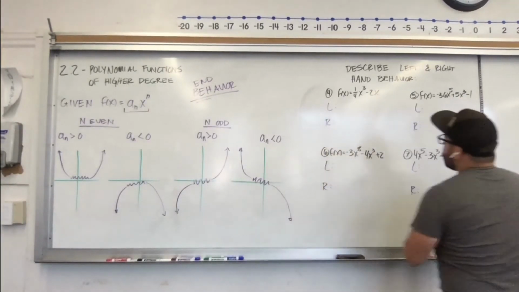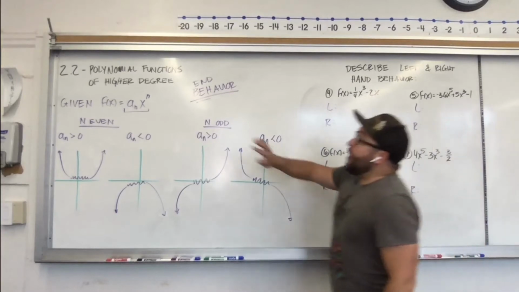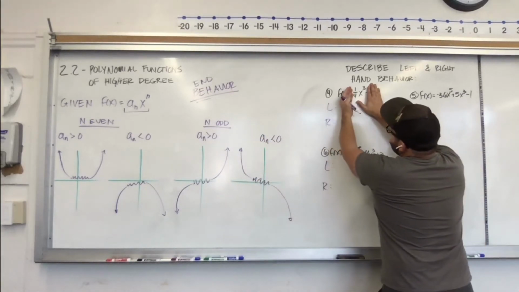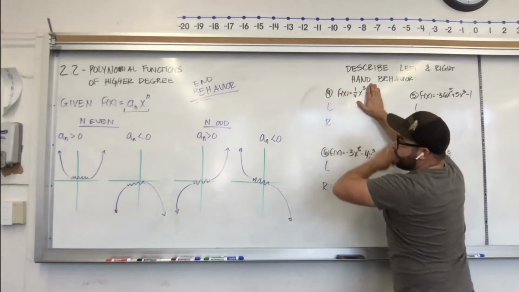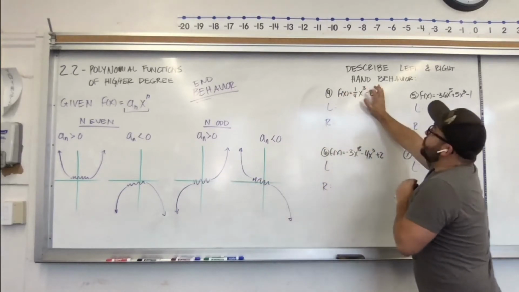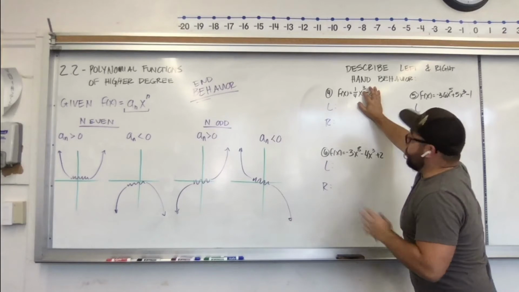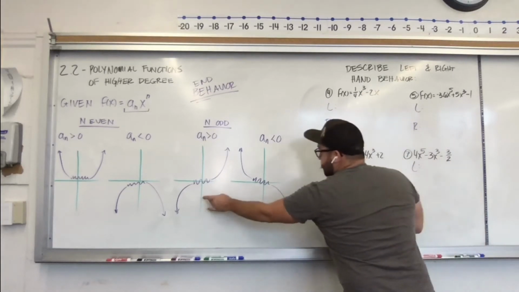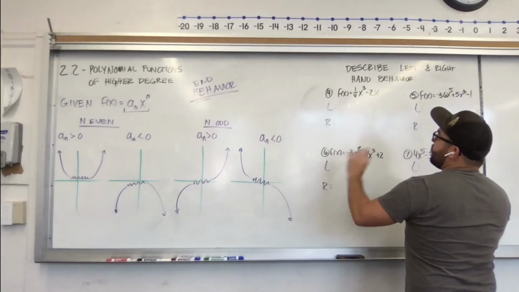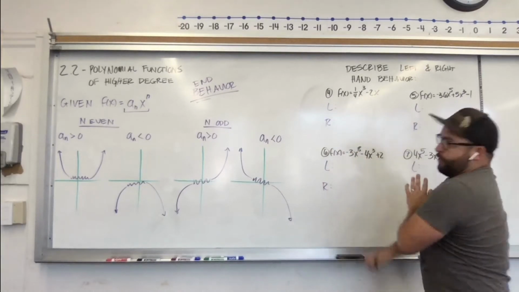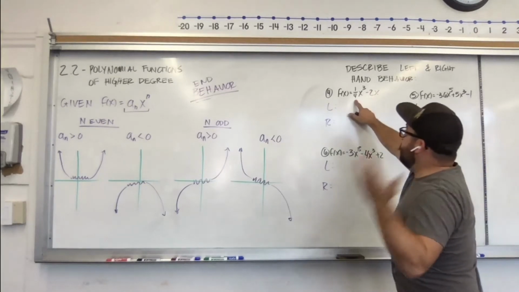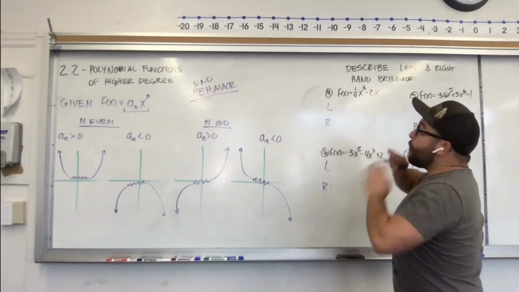So looking at number 4, again, with end behavior, the only thing we have to look at is that leading term, because that's telling us all this information. For one, n is odd, it's 3. So it's got to be one of these two cases. And then we have this 1/4. Normally we'd say it's going to be a shrink, like the transformation we just did on the page before, but we're not worried about that.